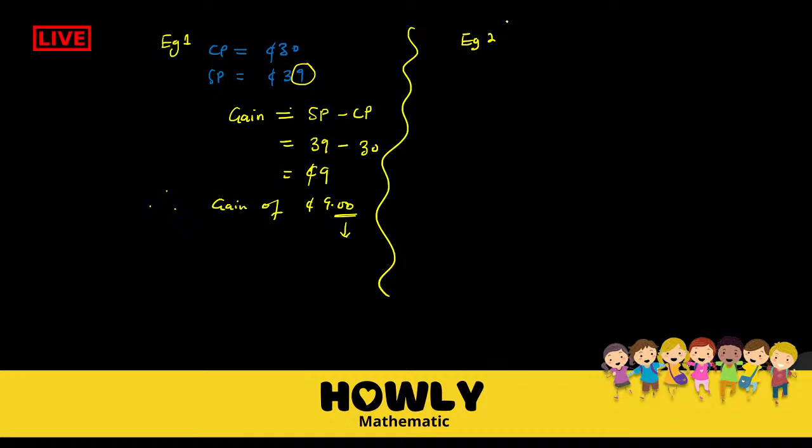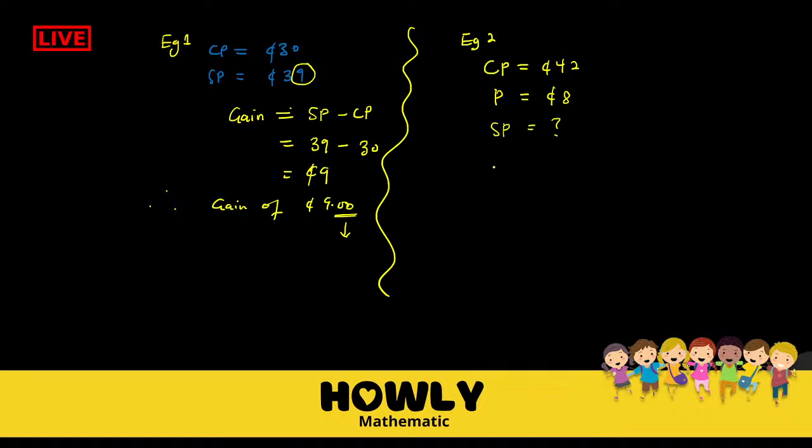Find the selling price of it. So the shopkeeper bought the sheep for 40, which is the cost price, and sold it, making a profit of 8 Ghana cedi.